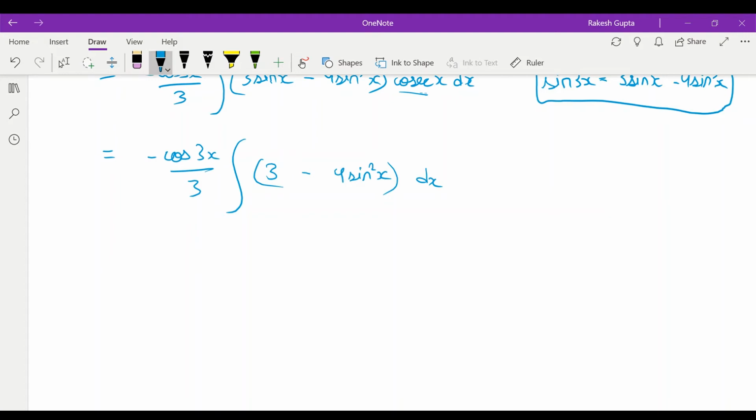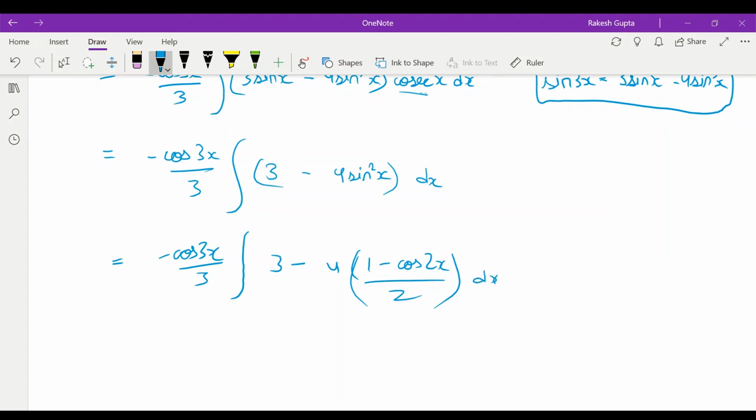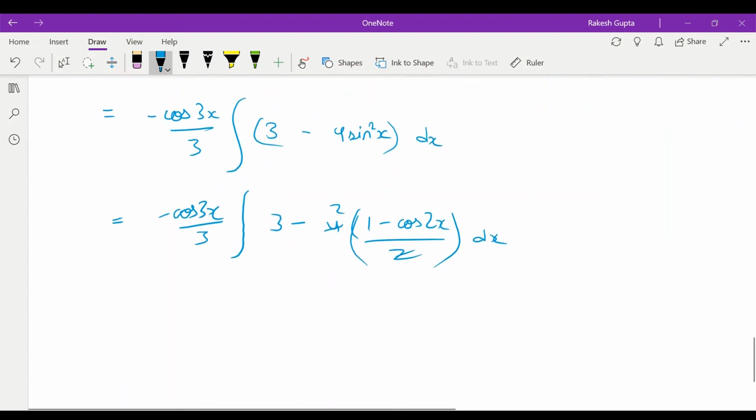So what I'm going to do is write sine square x as 1 minus cos 2x by 2 dx. Cancel 2 with the 4 and it becomes 2.